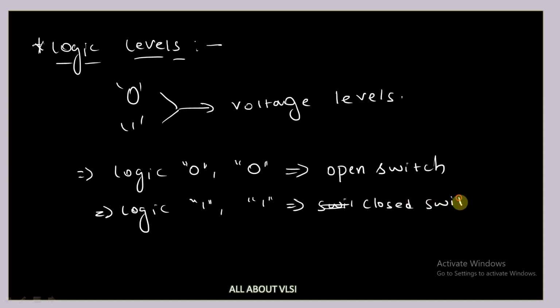So this is the analogy which we can relate it with. Sometimes logic low is also the false condition, and logic 1 is also the high condition, or true condition. So these are the logic levels which we are going to use a lot in Boolean algebra.